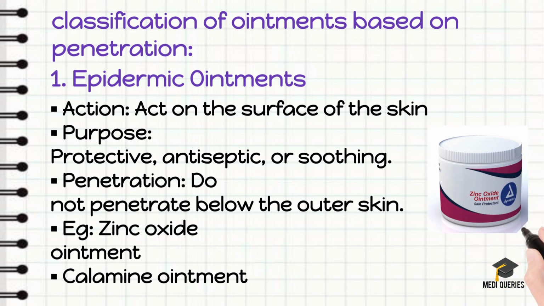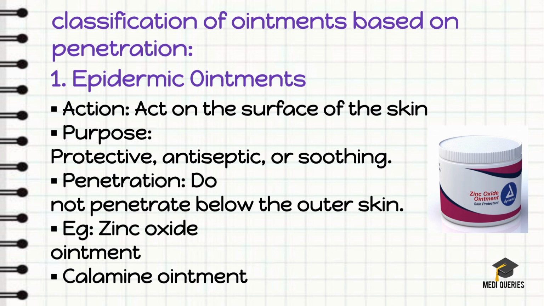Now we will see how the ointment penetrates into the various layers of the skin. Okay, so that is the classification of the ointments based on the penetration rate. The first type of ointment is the epidermic ointment. It mainly produces action on the surface of the skin, that is the epidermis. So it shows action up to the epidermis only.